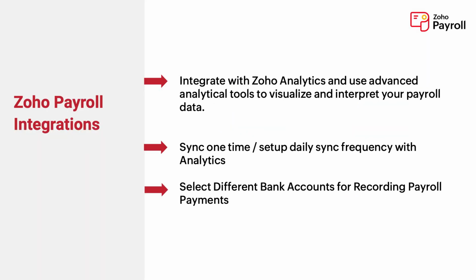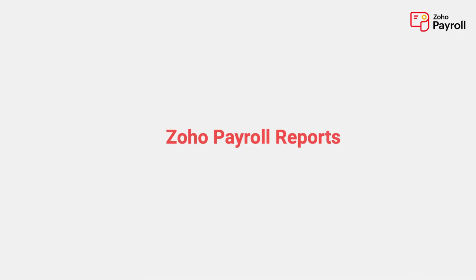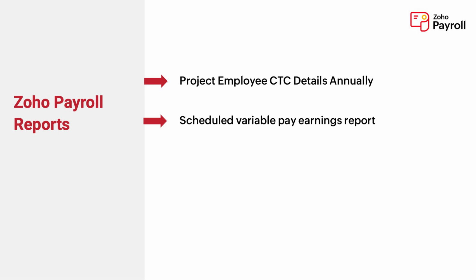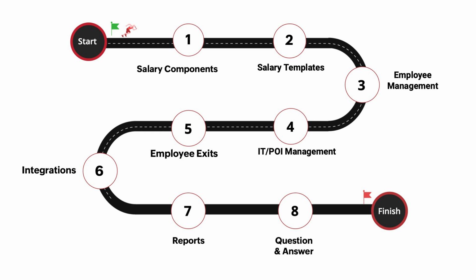So just a quick recap on the details that we have covered. In the report section, as I showcased, you can project employee CTC details annually, and the scheduled variable pay earnings report is available. We have seen the new features updated in salary components, followed by templates, removing the template for all the employees, and under employee management, where we have added a few filters to filter the employee data based on specific location, department, and designation.